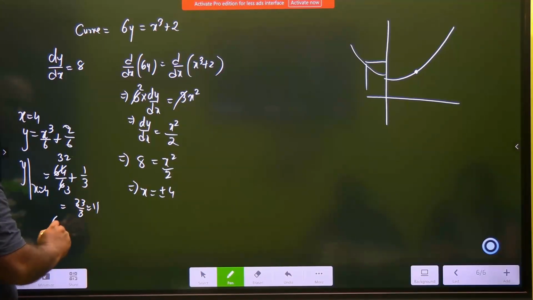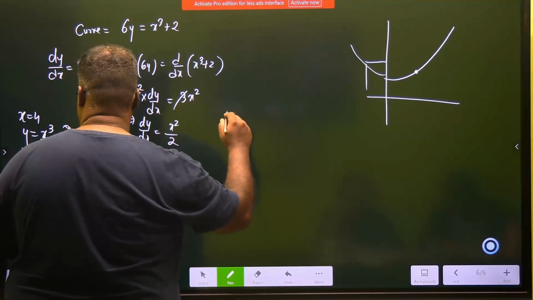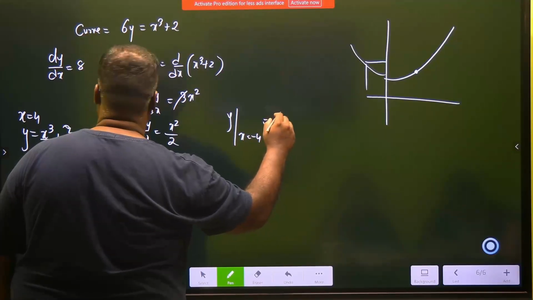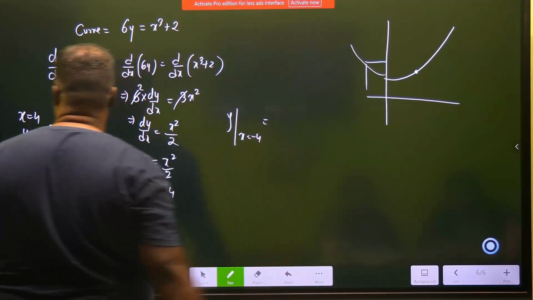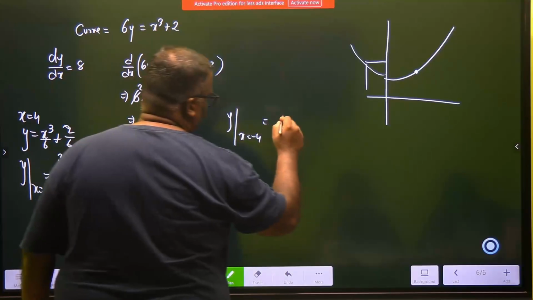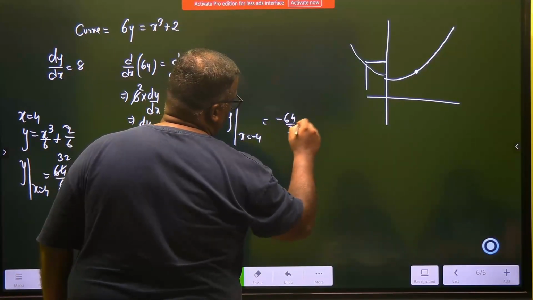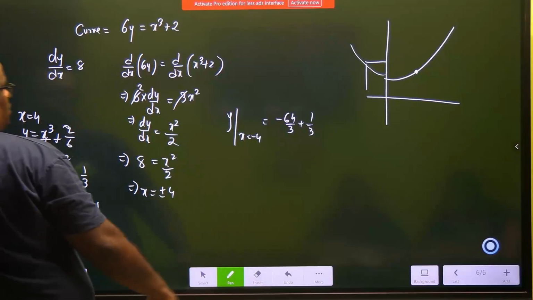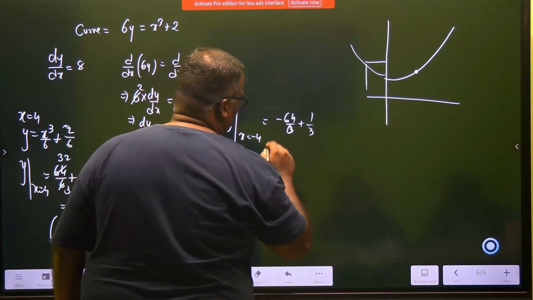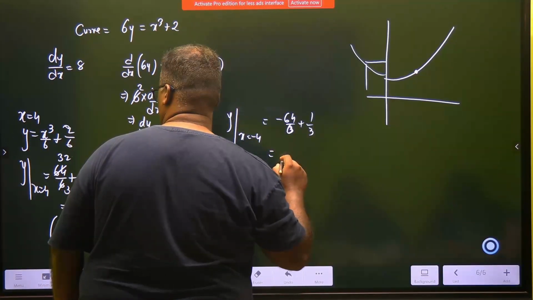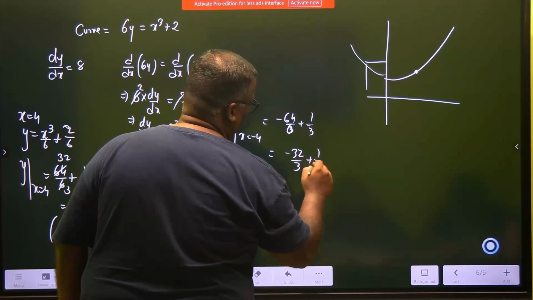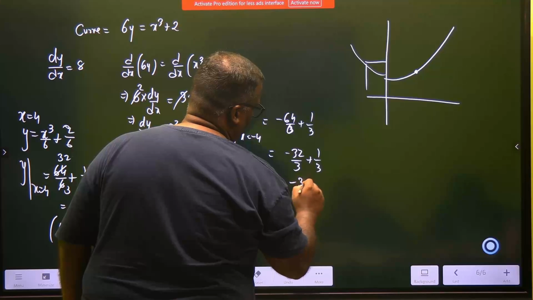That means one of your points will be (4, 11), and y at x equal to minus 4 will be minus 64 by 6 plus 1 by 3, which is equal to negative 32 by 3 plus 1 by 3, which is equal to negative 31 by 3.